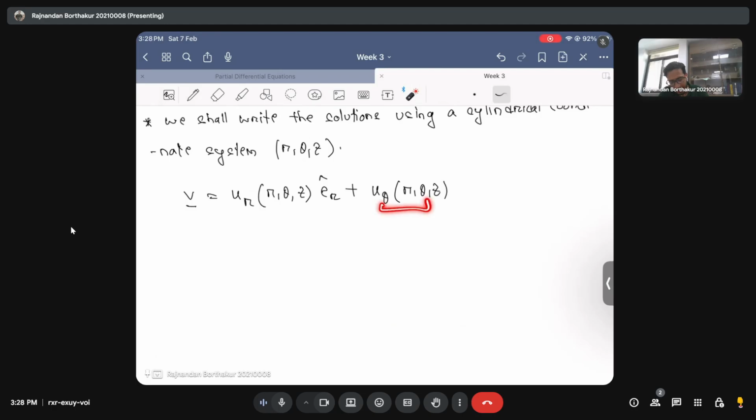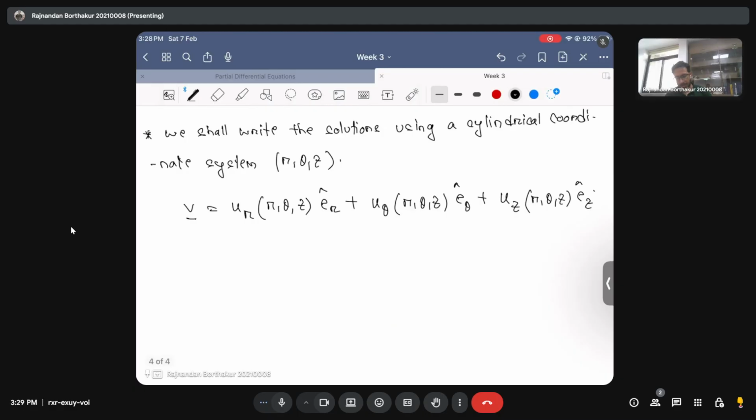I hope you understand that this implies that at max, your velocity field will be a function of r, theta and z. This is the maximum set of variables on which your velocity field can depend, now that we are writing it in the cylindrical coordinate system.